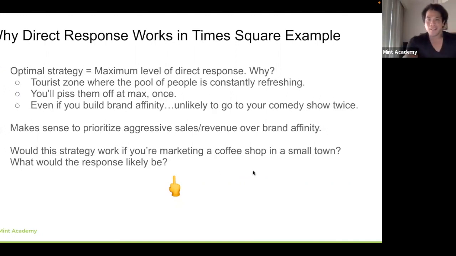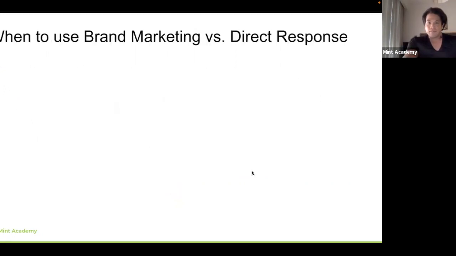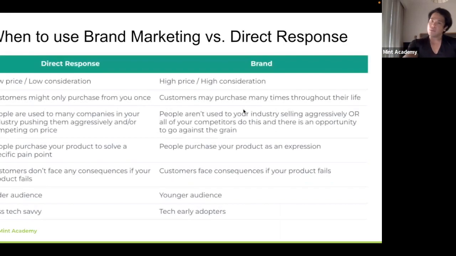Okay, cool. All right. So there is an appropriate time to use brand marketing versus direct response. There are appropriate situations, rather. And this table helps you out when it comes to analyzing when you should use which. You should use direct response if the thing that you're selling is pretty cheap and doesn't take a lot of consideration to buy, because people will buy it spontaneously if it's cheap.